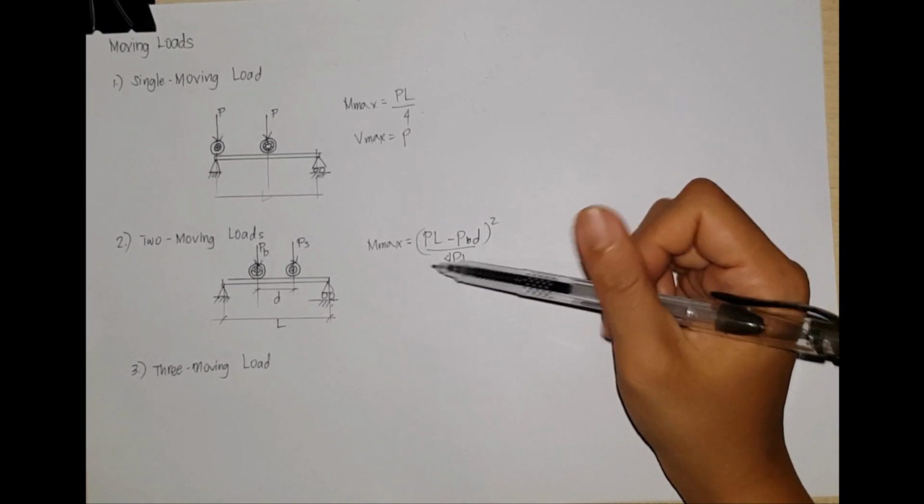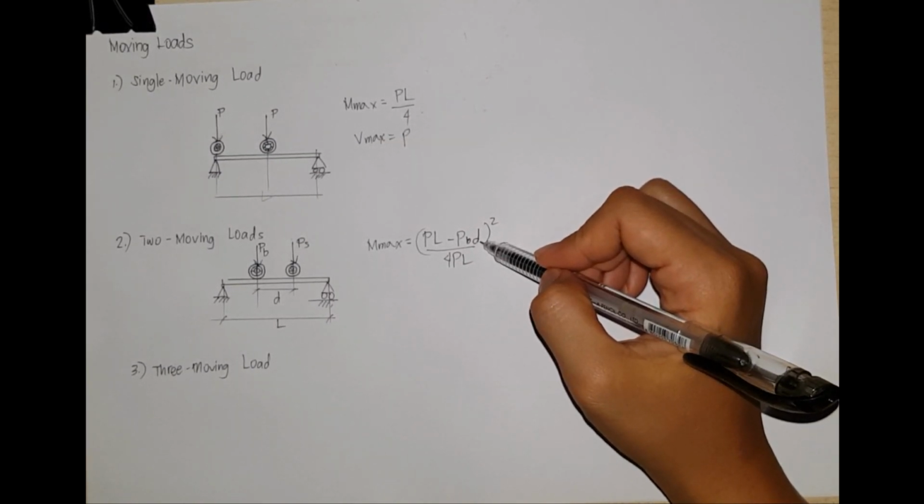So again, yung P natin dito is the summation PB and PS, and then yung D is the fixed distance.